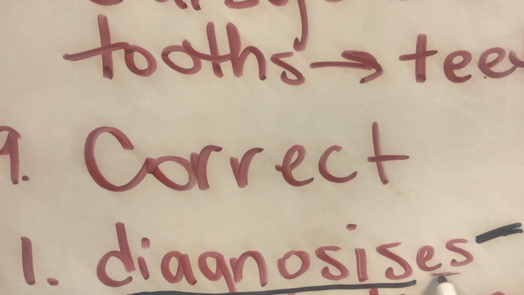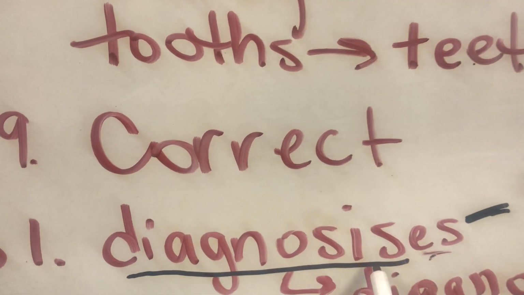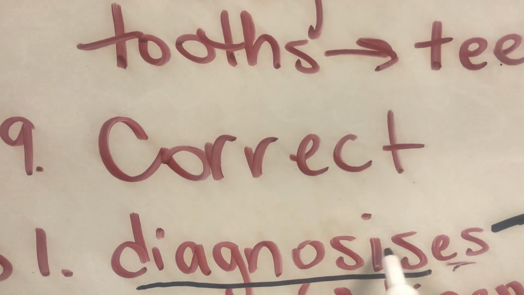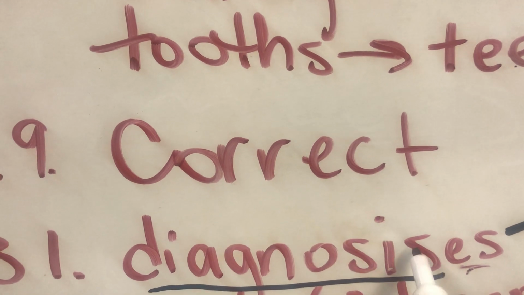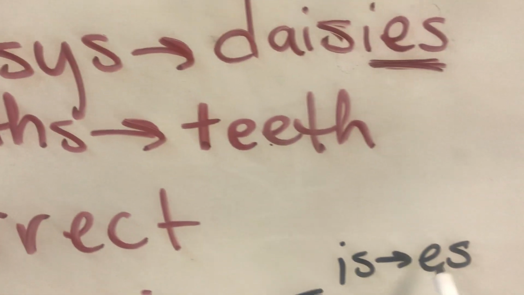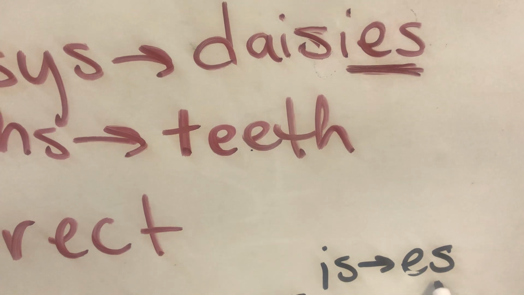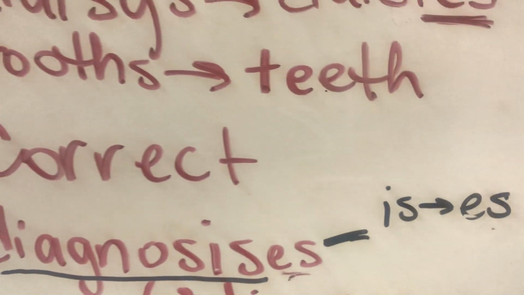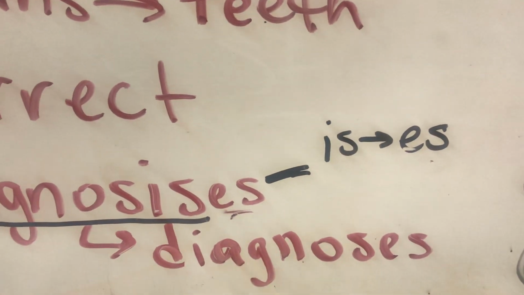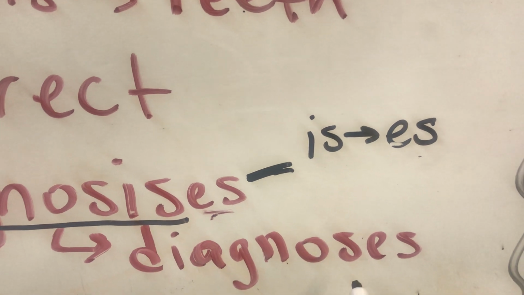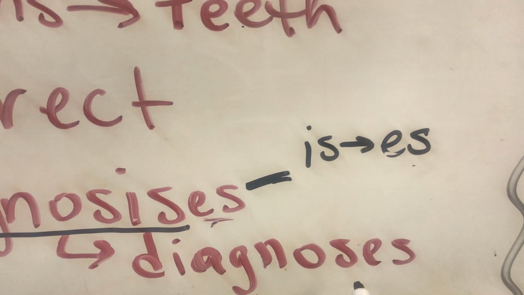But that's incorrect. When a noun ends in SIS, or really this part, IS, it needs to change into ES. So this would be the correct spelling of diagnoses. And this is for 31.